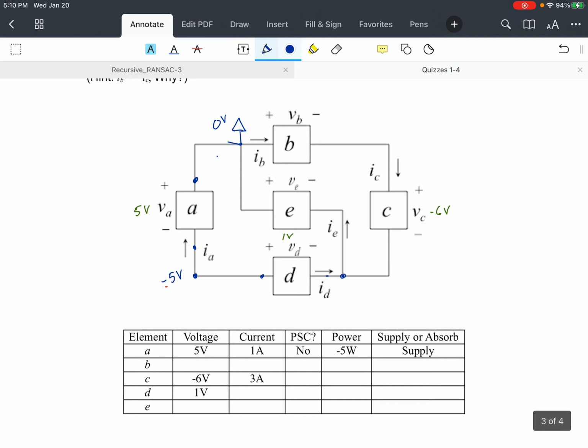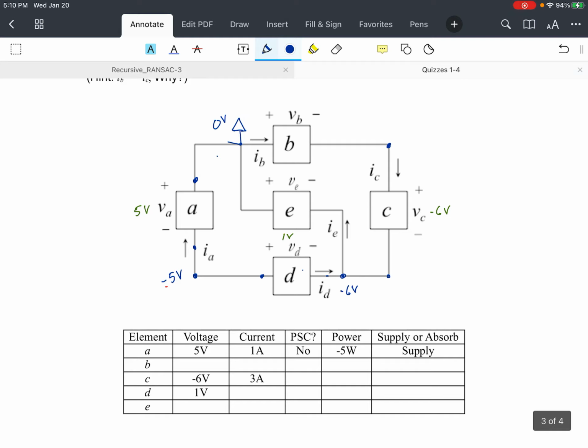So the voltage here must be minus 6 volts. The voltage across D is 1 volt higher on the positive side than it is on the negative side.